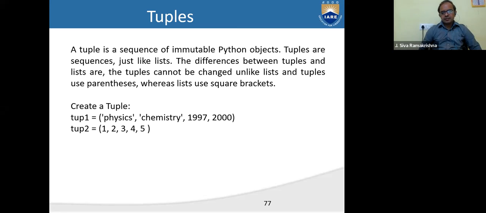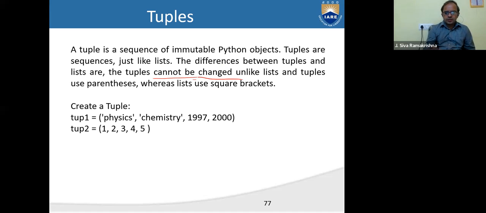The structure of the tuple and list is almost similar, except in very few aspects. The major difference between the tuple and list is that a tuple cannot be changed. You cannot modify it, you cannot add elements or modify the objects present in the tuple.